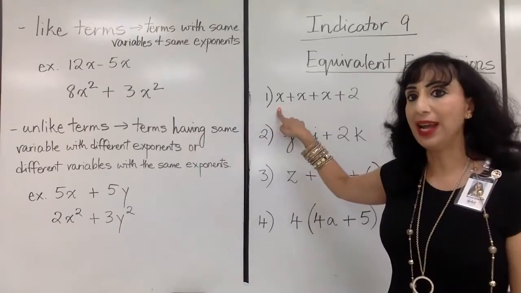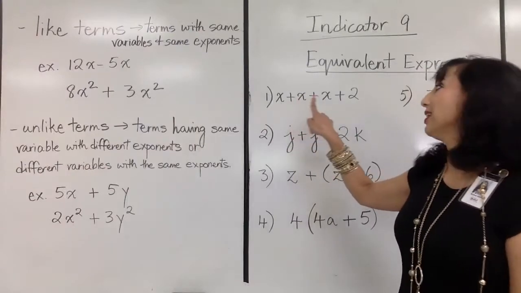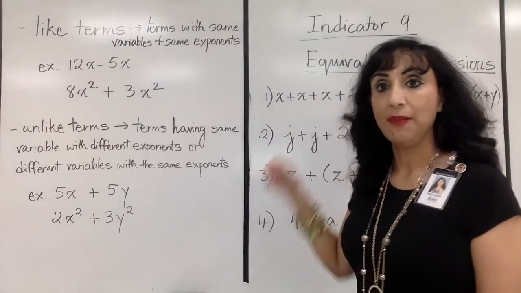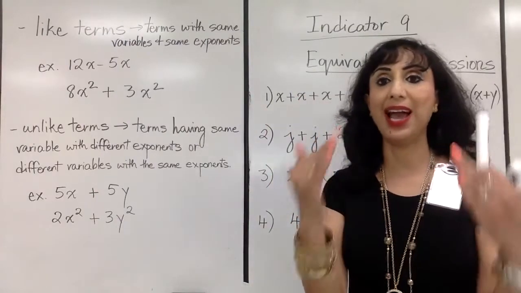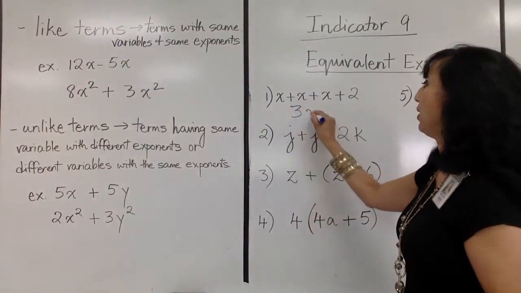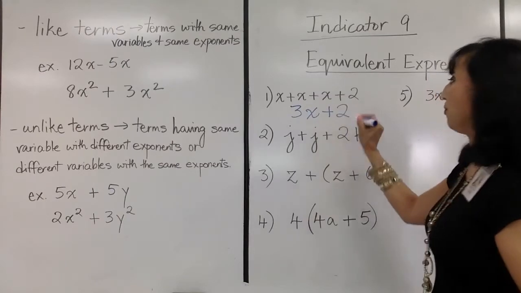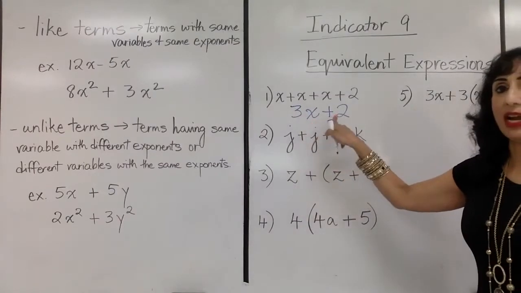So here's one x, here's another x, and here's another x. So how many x's do we have together? That is 3 x's, right? Because they are like terms, we can add them, and that gives us 3 x's, and we have 2.